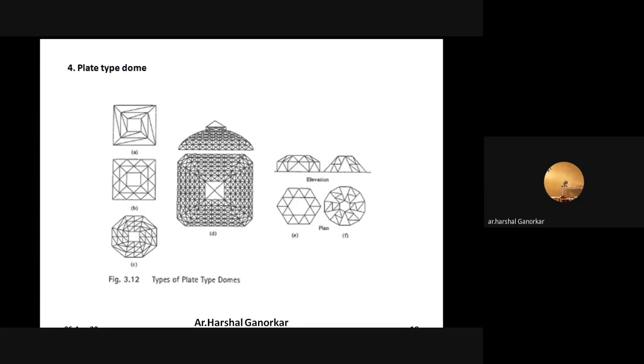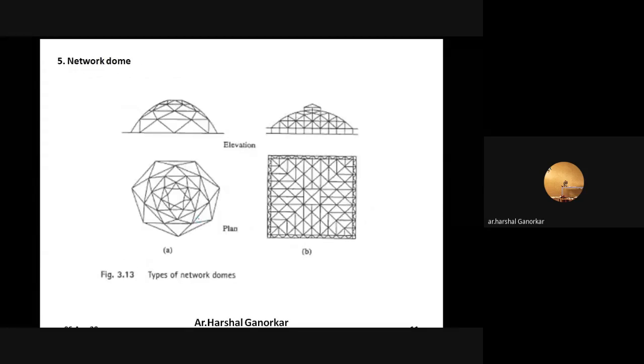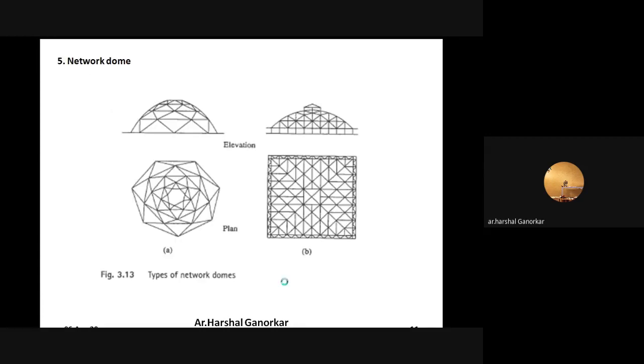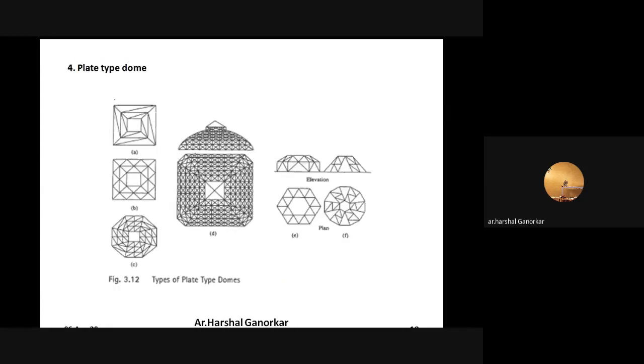Now plate type dome. In plate type dome, what is happening? In this portion, the ribs are going to join like this, and it is going to cover the square shape.